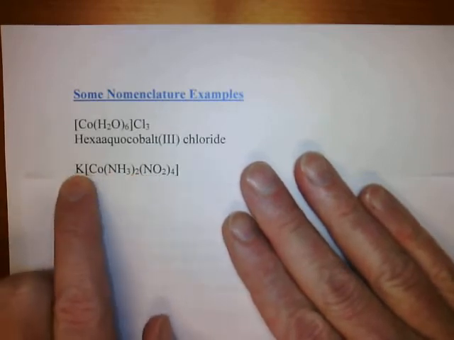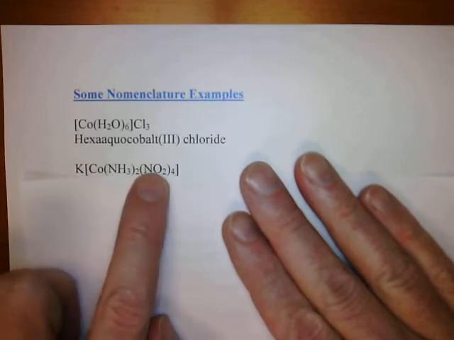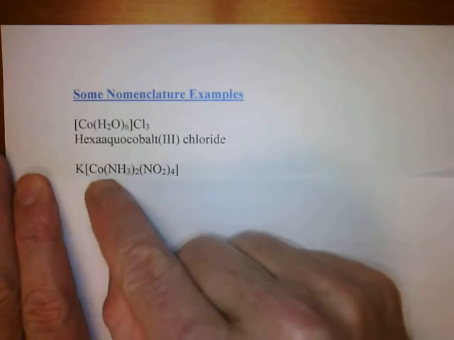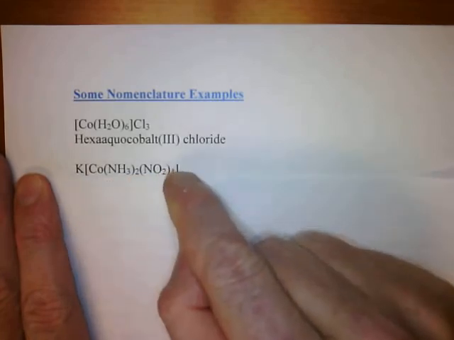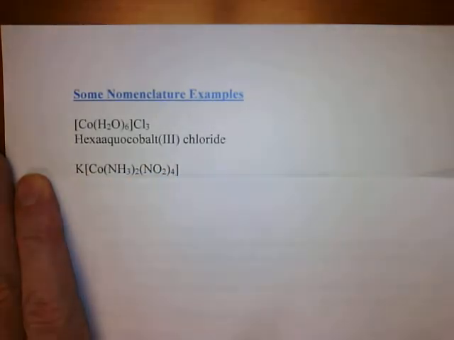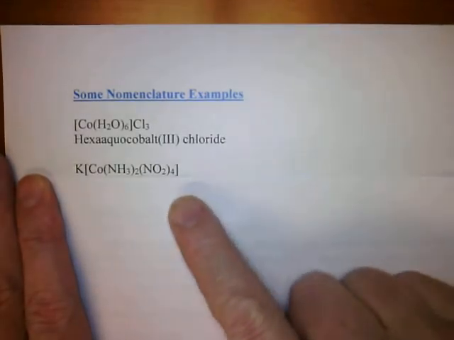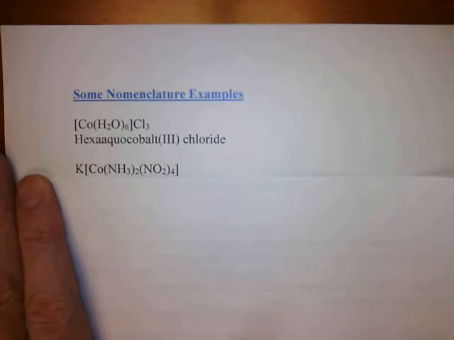We name the positive part first, the negative part second. So we know our name is going to be potassium something. The something is the name of the complex ion. So for the complex ion, we name the ligands followed by the metal followed by the oxidation state of the metal.